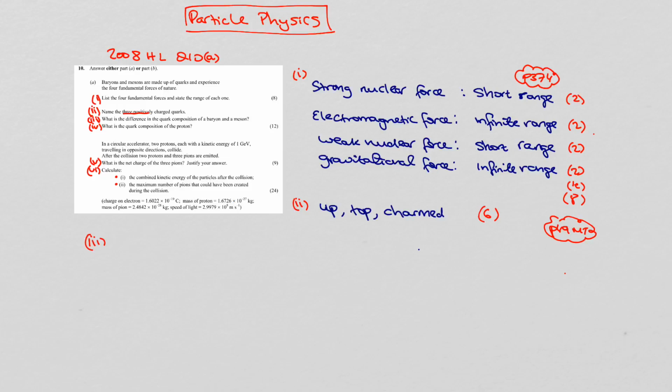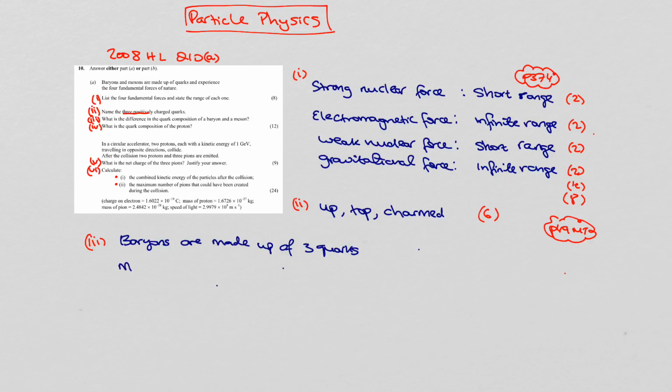Part 3 then says, what's the difference in quark composition of a baryon and a meson? If we're looking at our baryons, well, our baryons are made up of 3 quarks, as opposed to an antibaryon, which would be made up of 3 antiquarks.